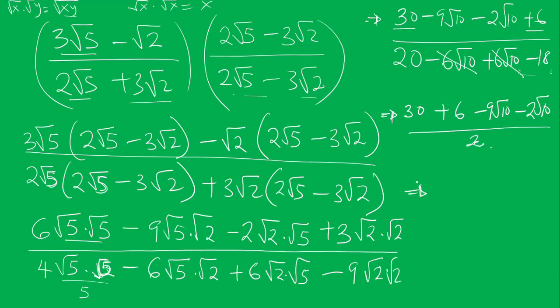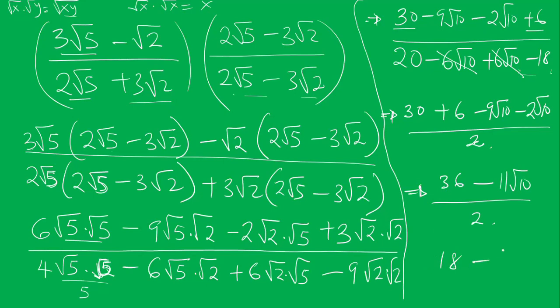Now, 30 plus 6 is 36, and minus 9 root 10 minus 2 root 10 will give you minus 11 root 10. Divide by 2. So 36 divided by 2 will give you 18, minus 11 over 2 root 10. So this is the final answer. This is the simplified form of this particular question.